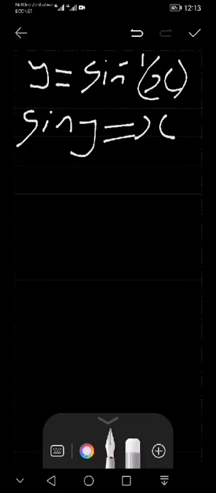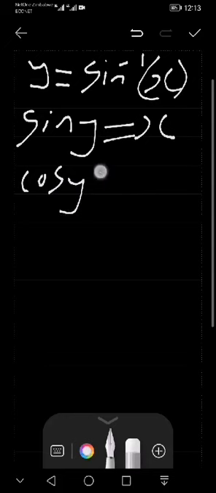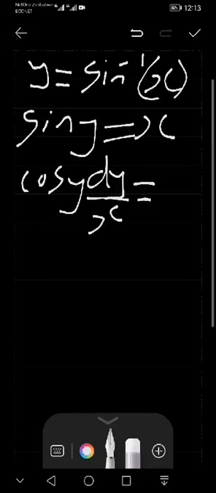What do we get if we differentiate sine y with respect to x? So this will be cos y dy dx equals, then on the right hand side differentiating x we get 1.